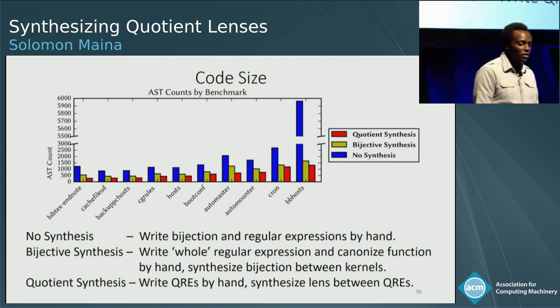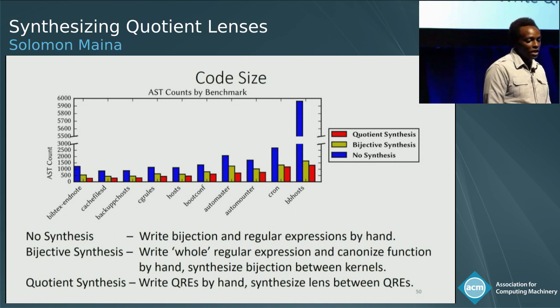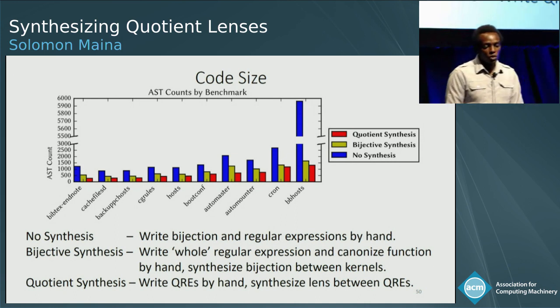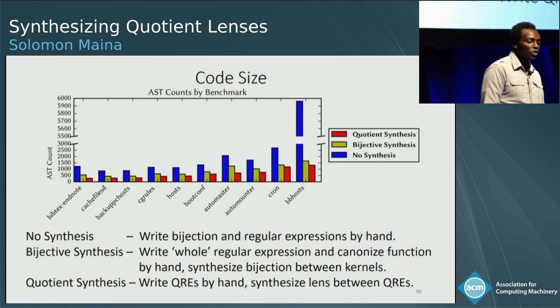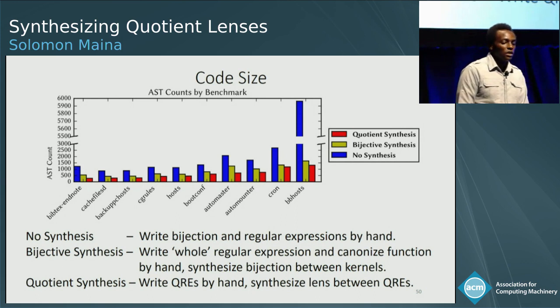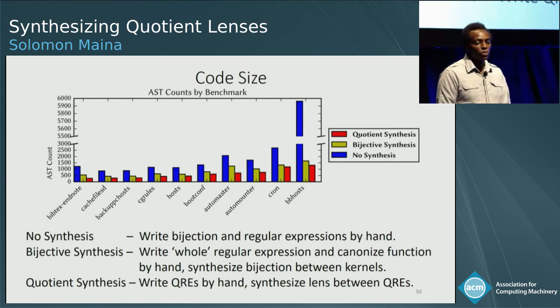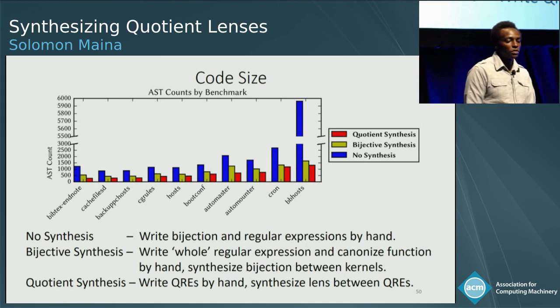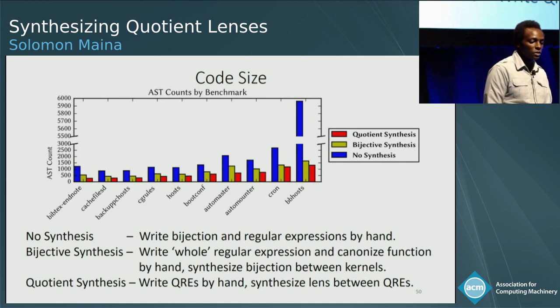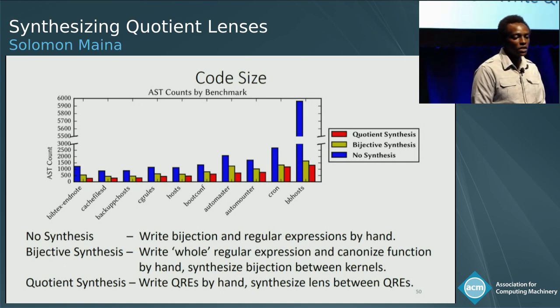We bijectified the formats. But with this work, we don't need to do that because we have quotient regular expressions, which are more expressive specifications. The language of QREs is more expressive than just normal regular expressions. So this is an added advantage of these QREs.